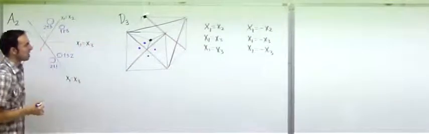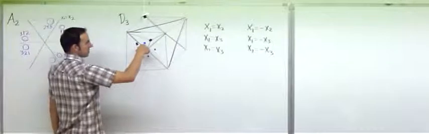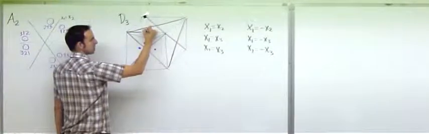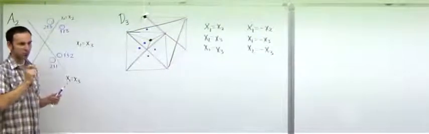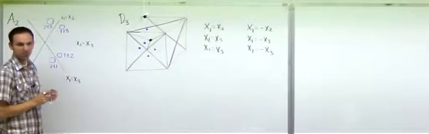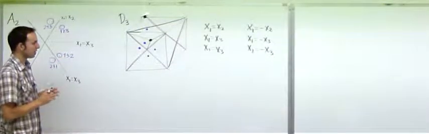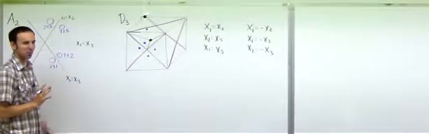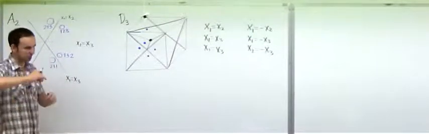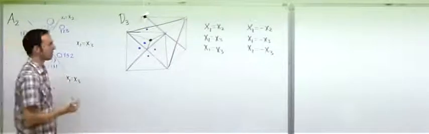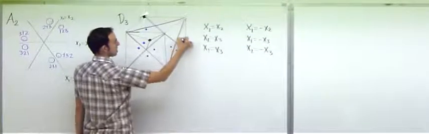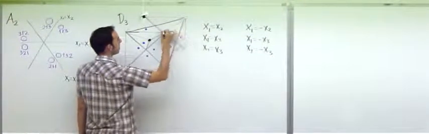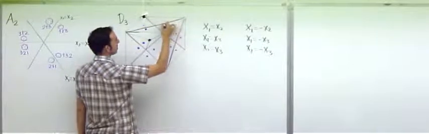Basically, you're going to get a kaleidoscope where there's an image of yourself in each one of the pieces of this arrangement. You might have to take my word for it for now and just really draw it and take the time to reflect it around, but you'll see that you get exactly one copy of yourself inside each one of these regions. And if you ever wonder how kaleidoscopes are made, this is exactly how they're made.